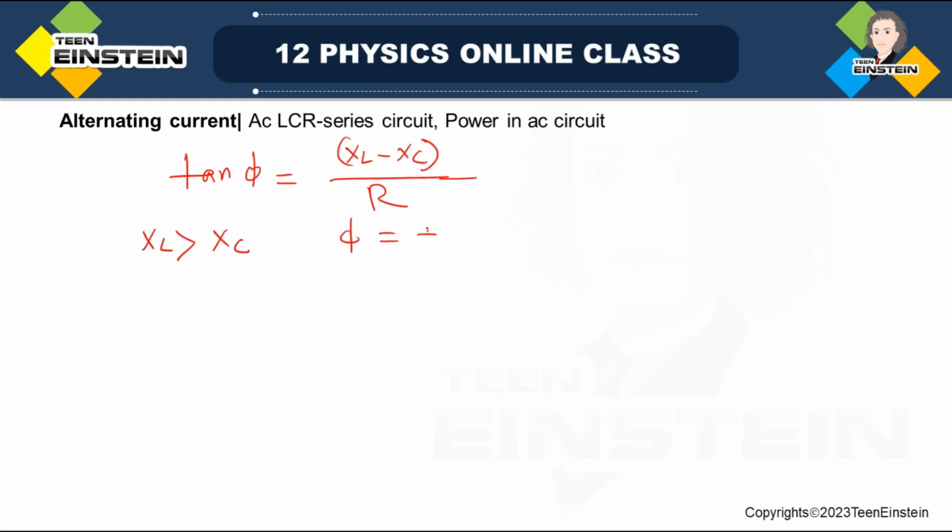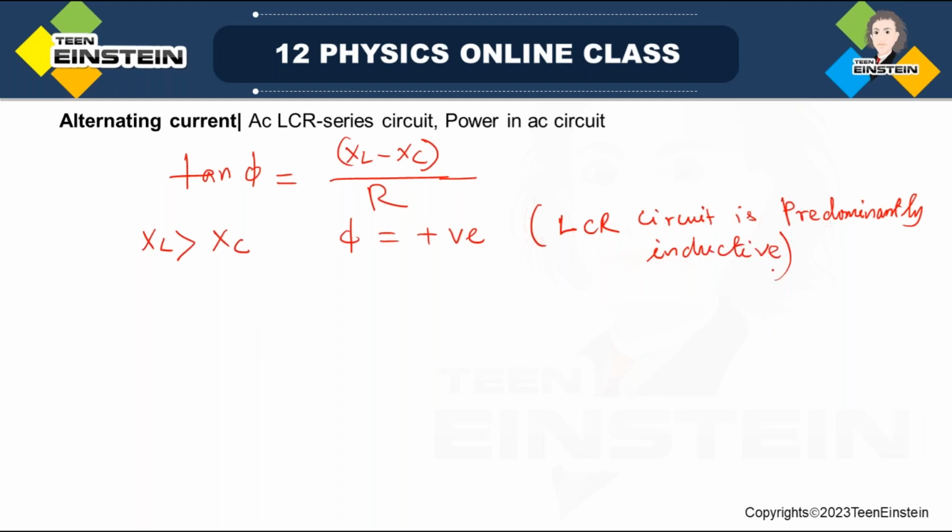So in this case, the LCR circuit is predominantly inductive circuit.